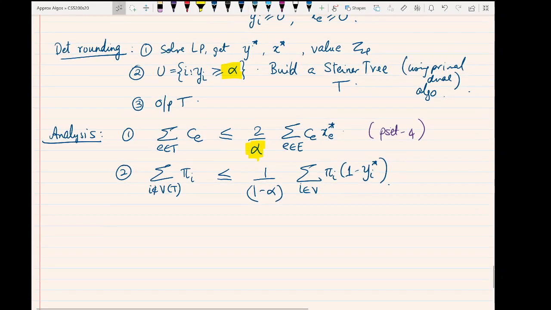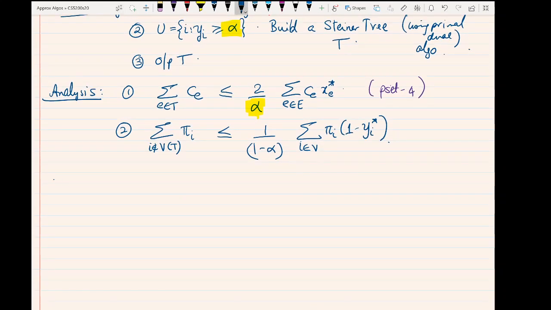Now, the point is, in the deterministic rounding scheme at this point we had chosen an alpha, or set alpha such that 2 over alpha was equal to 1 over 1 minus alpha, which gave us a C approx. Okay, because the first one was decreasing in alpha and the second is increasing in alpha, so we wanted to balance out the two. Okay, so this gave us a 3-factor approximation.